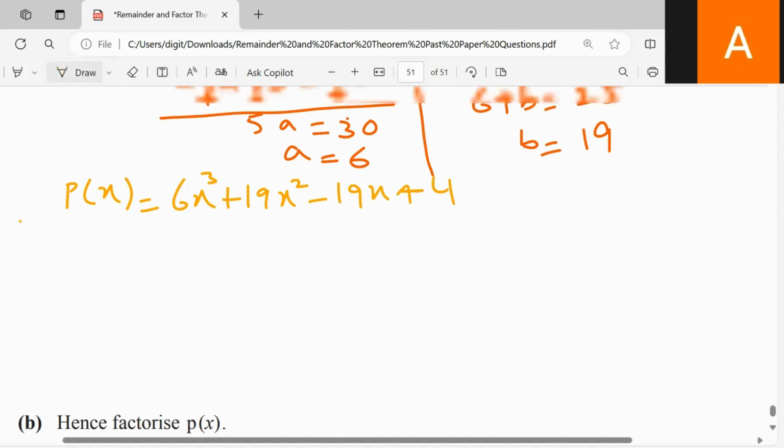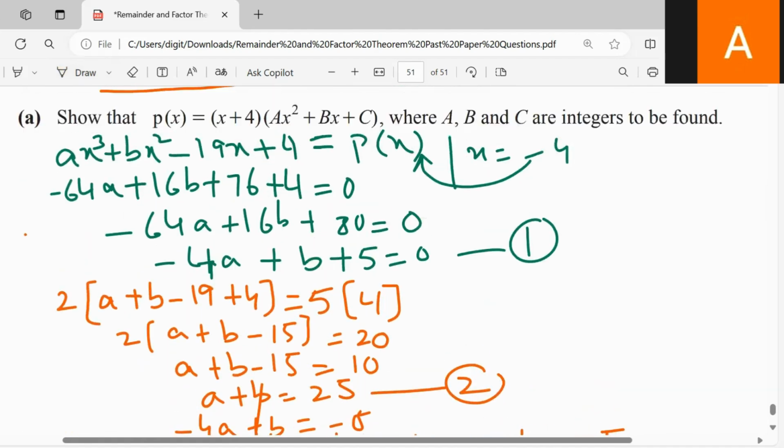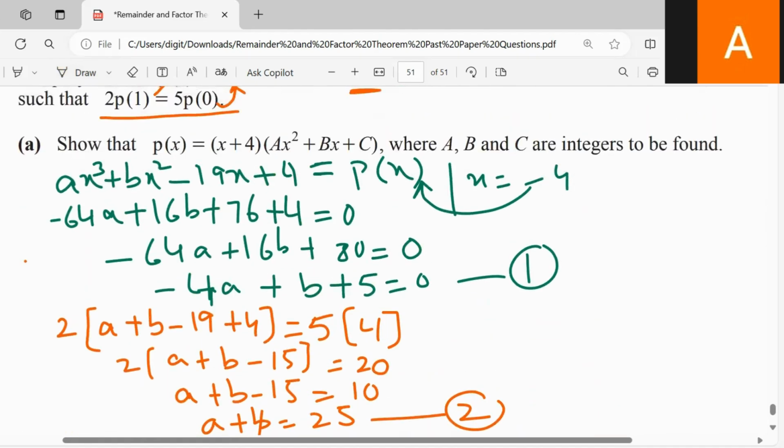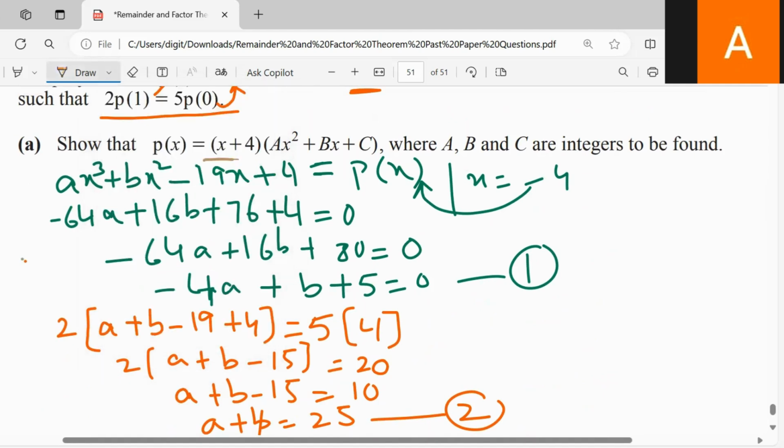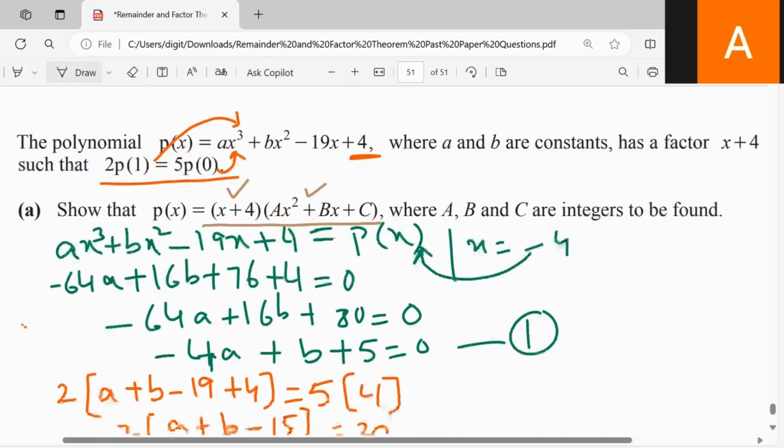Now we have to express this polynomial in this form, as a product of one linear and one quadratic expression. It is already given that x equals minus 4 is a root, so x plus 4 is a factor.